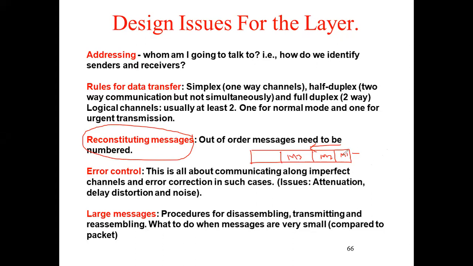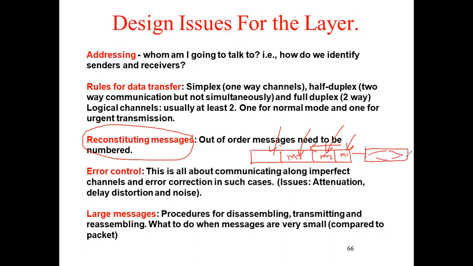So for that reason, we need a method by which we can reconstruct the segregated message, or you can say segmented messages. This is segmented into small chunks, right? And then they are allowed to move in a network through any path.